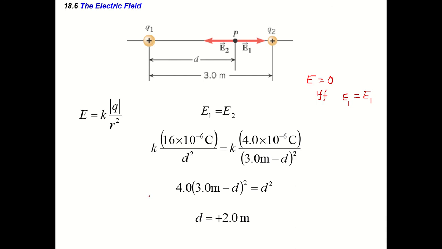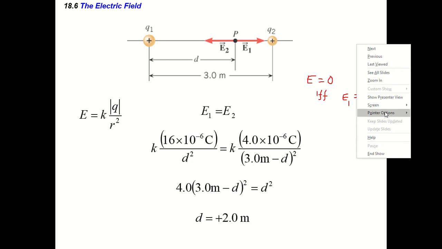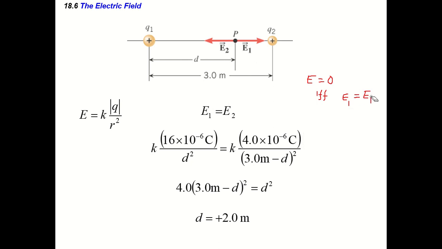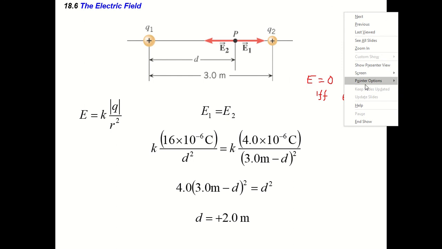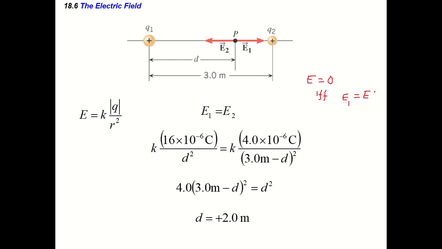Alright. So substituting, we have this using this formula. So this is our E1. Sorry, the subscript should be E2. So this is our E1 part and this is our E2.